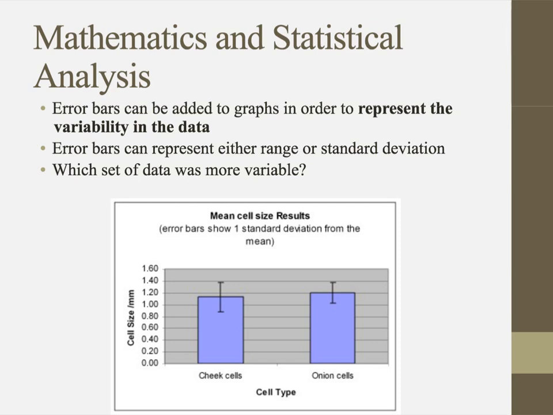But because the error bar is smaller, okay, this tells me that this one has less variation in the data, and this one has more variation. So in other words, okay, the ranges or the standard deviations of cheek cells are much greater. They come in many more different sizes than onion cells, which are a little closer together.